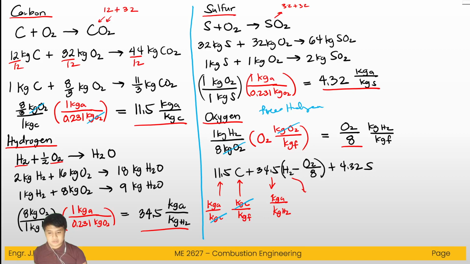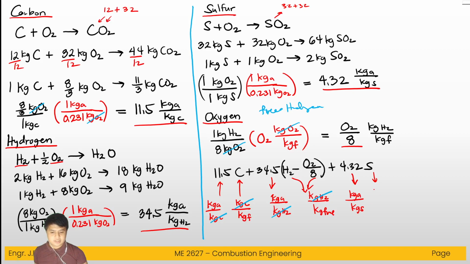Okay, and then this one is kilogram H2 over kilogram of fuel. Same goes for this one. No? So, kilogram H2. Actually, ilagay ko na lang sa same ano, no? So that we can cancel this. No? Cancel, cancel. Same goes for this. No? So, kilogram air per kilogram sulfur.